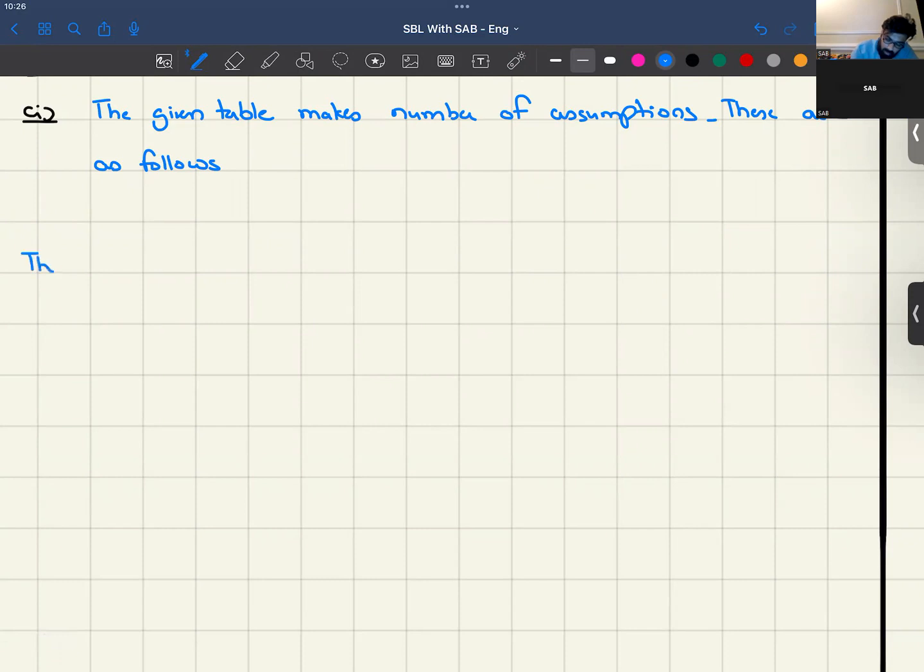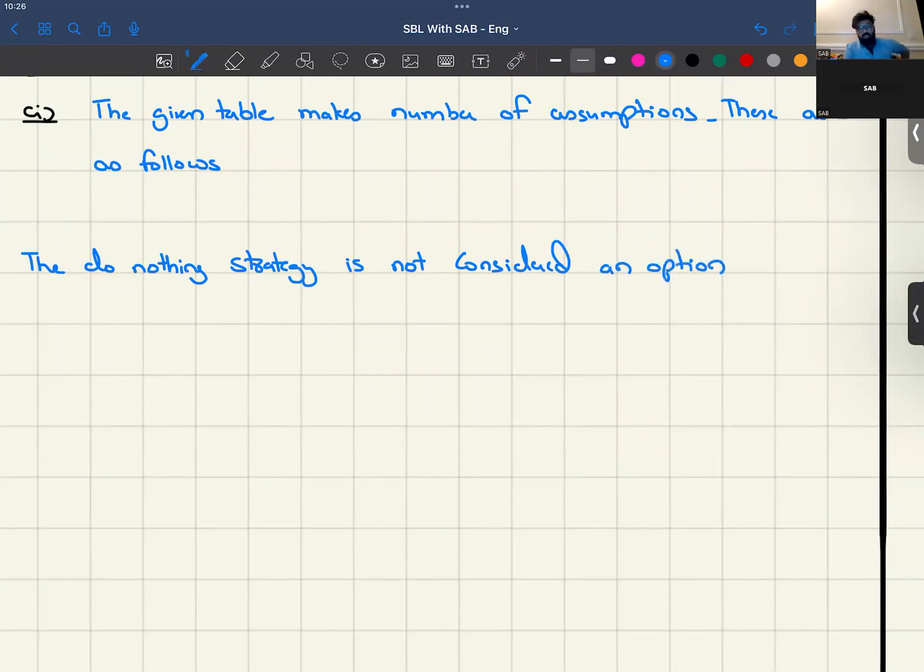First thing, the do nothing strategy is not considered an option, right? The do nothing strategy is not even considered an option.